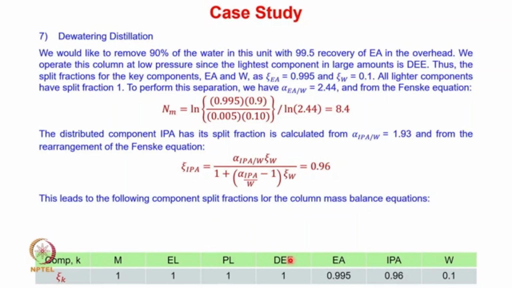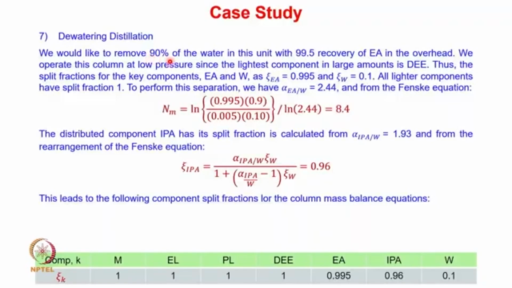Then the next unit is the distillation column. The first unit is the dewatering distillation column, where we are interested in removing almost 90% of the water, isn't it, with a recovery of 99.5% of ethyl alcohol at the overhead. So in this case, we can take the split fraction of ethyl alcohol as 0.995, and the split fraction of the water can be taken as 0.1.